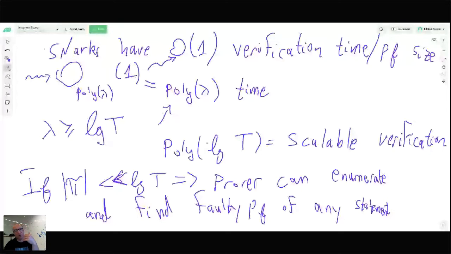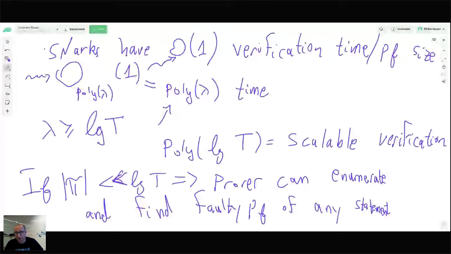And indeed, if you look at the SNARKs used in Zcash, you'll notice that they are defined over curves and objects that have a size of at least 2 to the 256 bits and even larger than that. So that's what the O of 1 means. Okay.